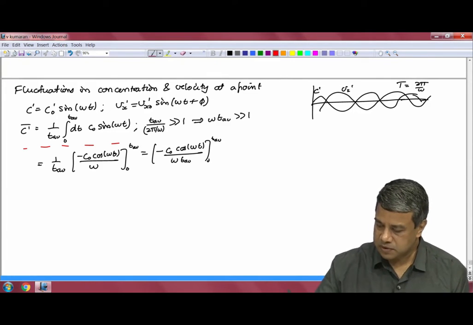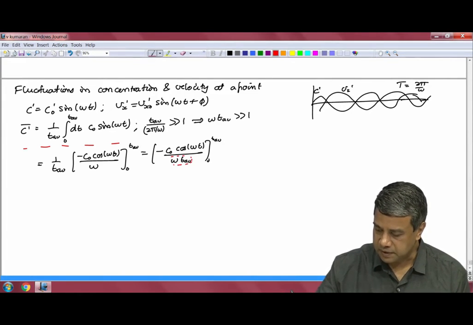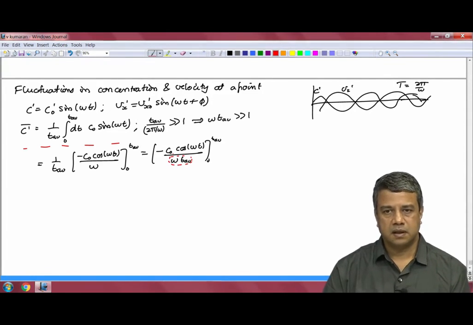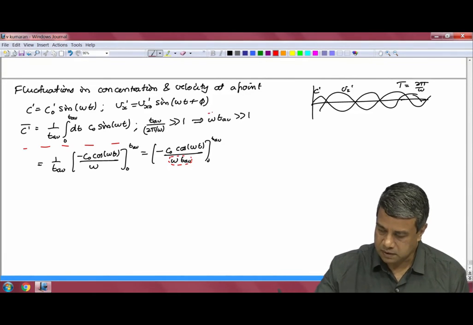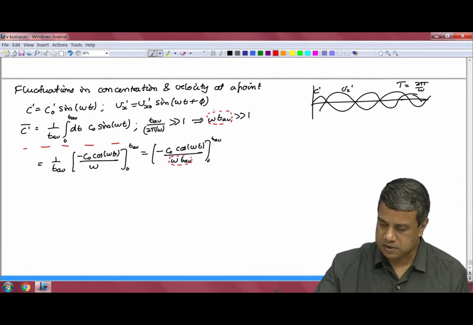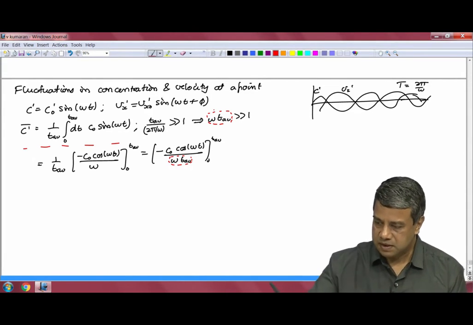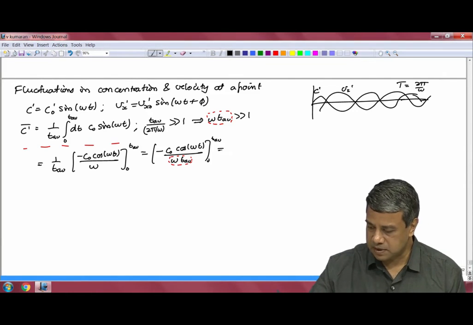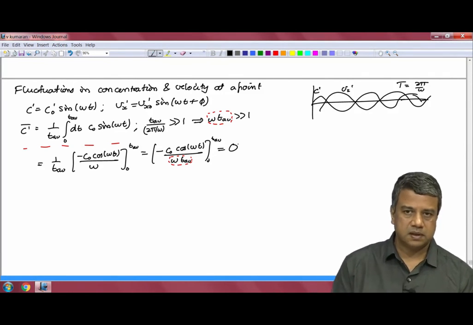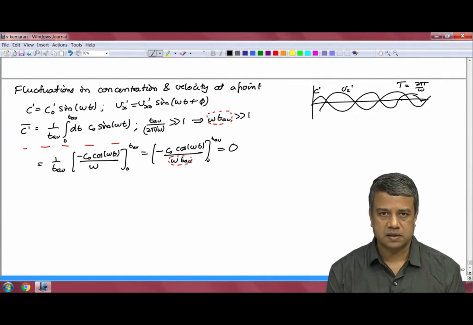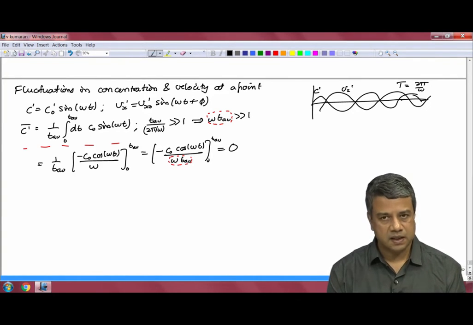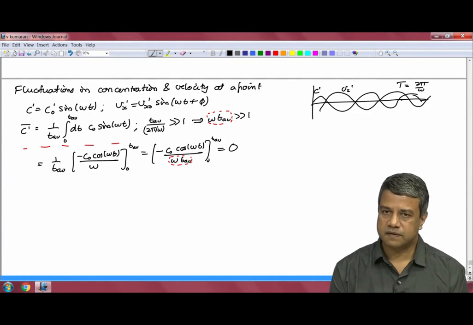Note that this is proportional to 1 over omega times TAV, and the condition on the averaging time was that this has to be much larger than 1. So, in the limit as omega TAV becomes large, this is equal to 0. As expected, the average of the fluctuating concentration is equal to 0.